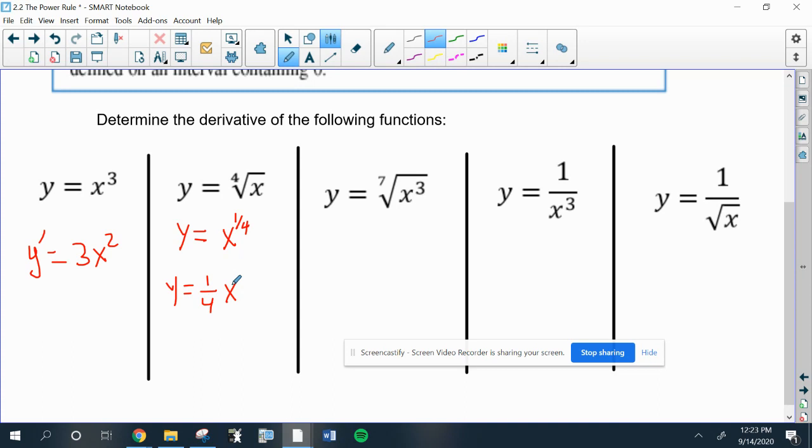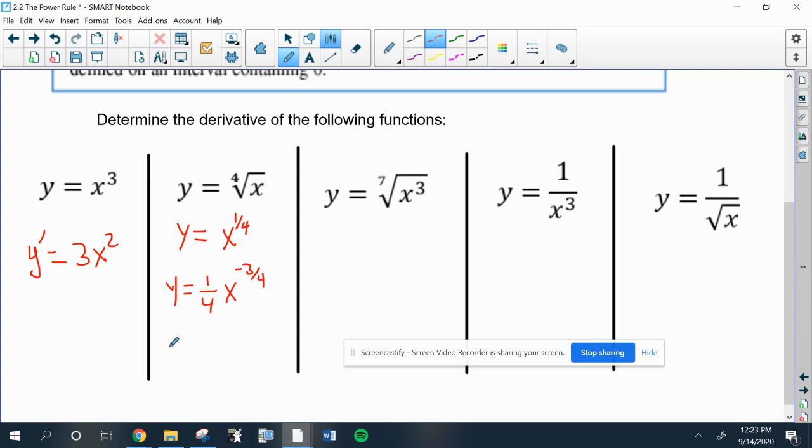Now, you're going to get very, very used to subtracting 1. Do not use a calculator on these. Just get used to subtracting 1 so you can do it by second nature. So it's 1/4 minus 1, which is 1/4 minus 4/4, which would be negative 3/4. You're going to be doing that very, very often.